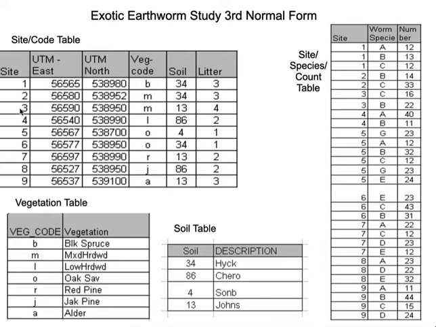Right? Because you know that, well, I'm going to have a site and a set of measurements associated with the site, and there's the veg code and the soil code. Now, the litter is going to be dependent on the measurements I make on the site, and so is the veg code. But once I know the veg code, there's a bunch of other vegetation information associated with that veg code and soil information associated with that soil code.